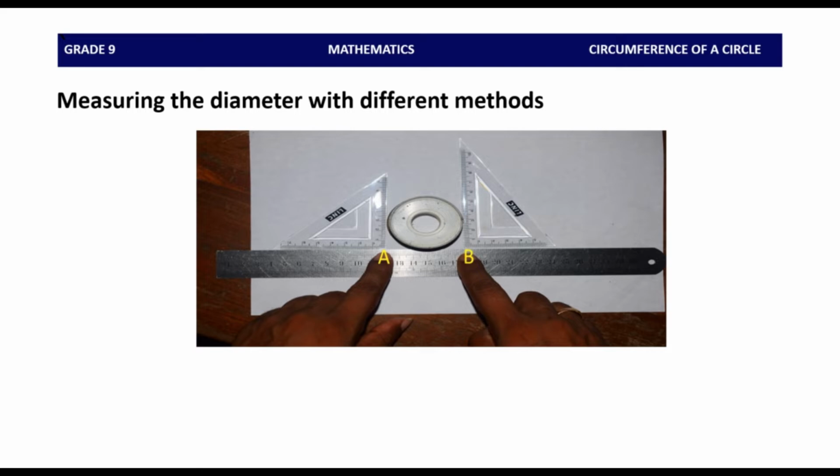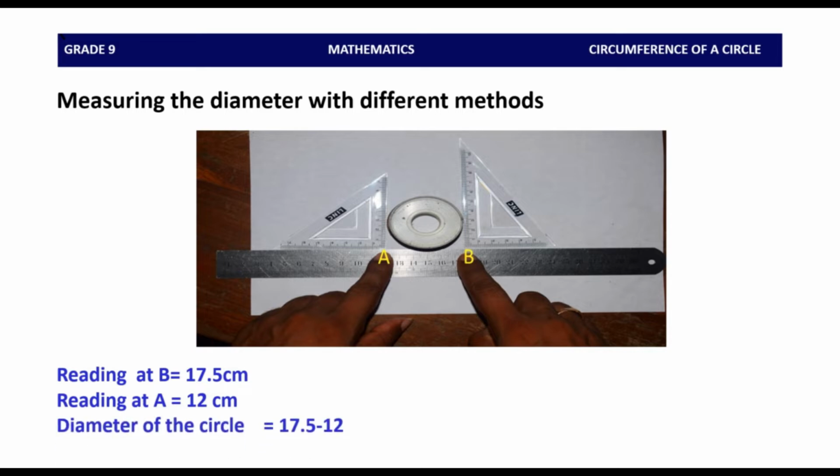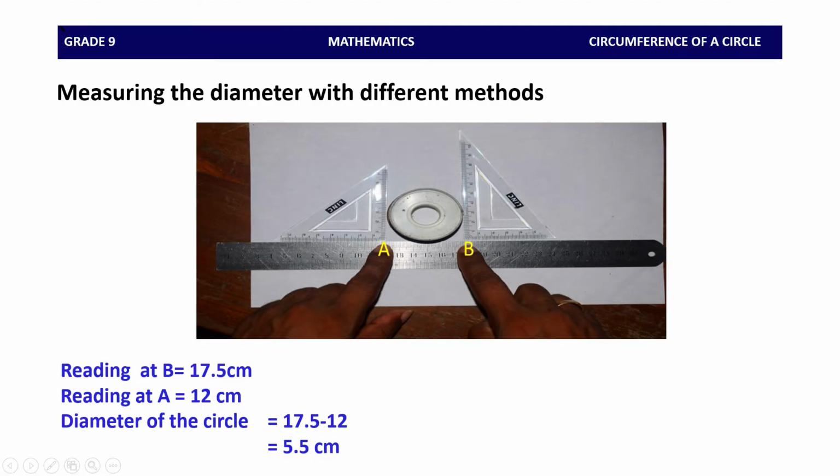As an example, here the reading at the point B is 17.5 centimeters and the reading at the point A is 12 centimeters. So, we can obtain the diameter of the circle by subtracting 12 centimeters from 17.5 centimeters. Here, the diameter of the circle is 5.5 centimeters.